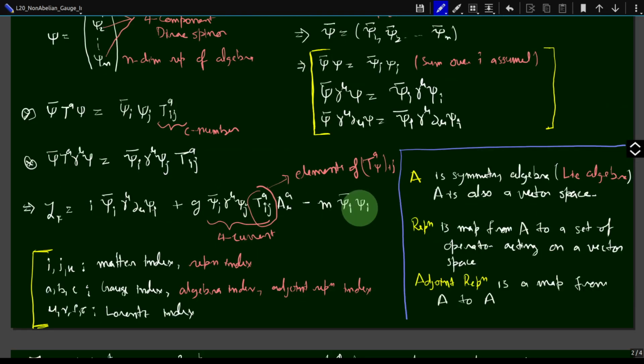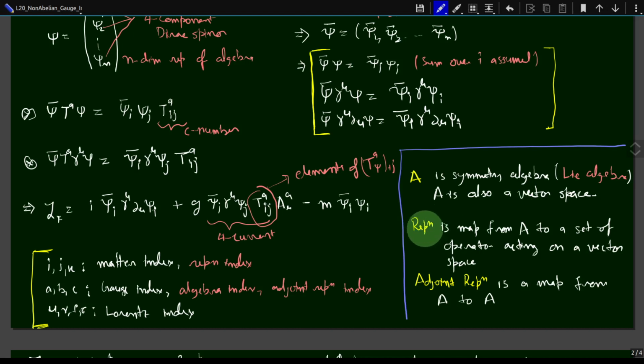Okay, now before we move ahead, let's just iron out a couple of things about our language, which is that, let's say A is a symmetry algebra, usually the Lie algebra. Then what happens is that A is also a vector space, because every algebra is a vector space. This we have discussed in the mathematical physics course some 3-4 semesters ago. And for any algebra we can find a representation, and for the case of SU2 we also did that. And the SU2 representation, you know it from quantum mechanics courses as well.